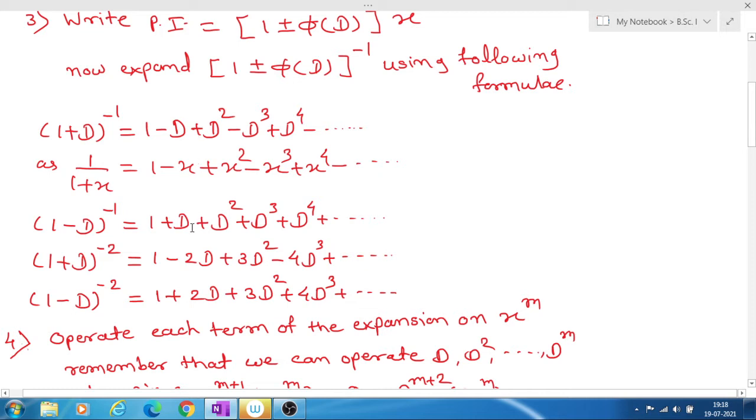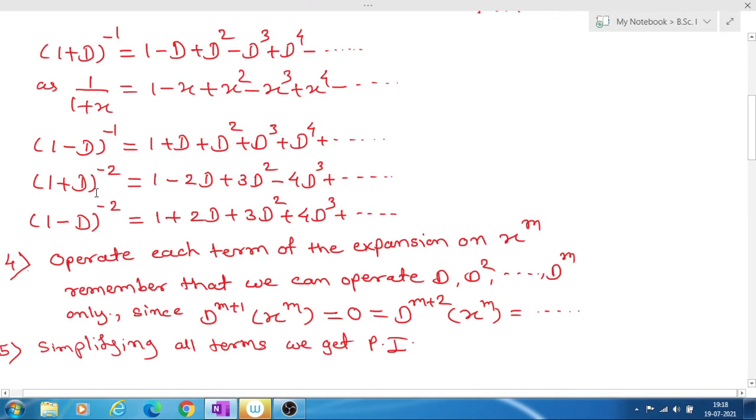The above formula and this formula are the same, but the sign is different. In the above formula there are alternately plus and minus signs, but in this formula there is always a plus sign. So all powers of D starting from 0, that is 1, and all terms are plus here.